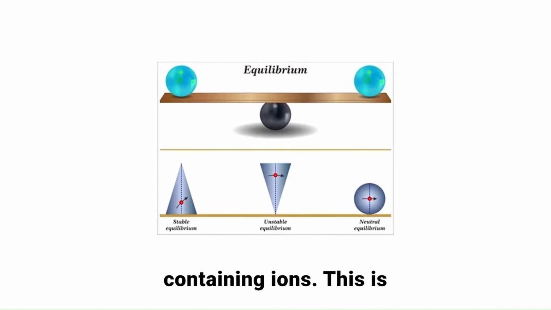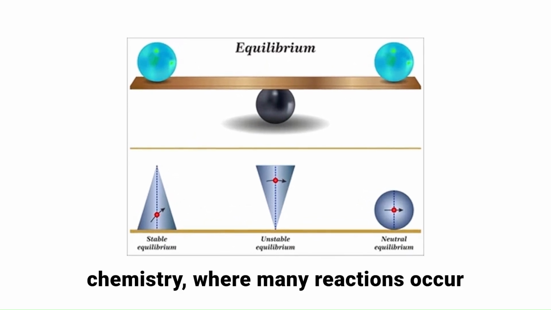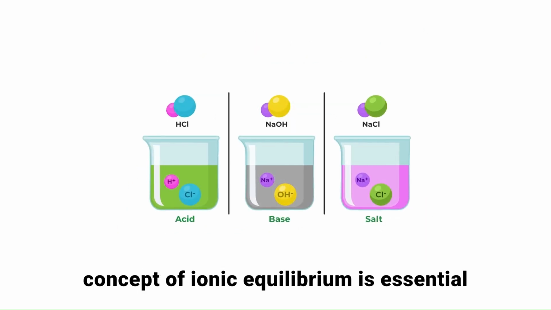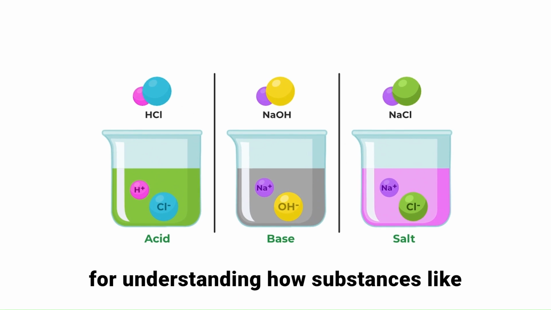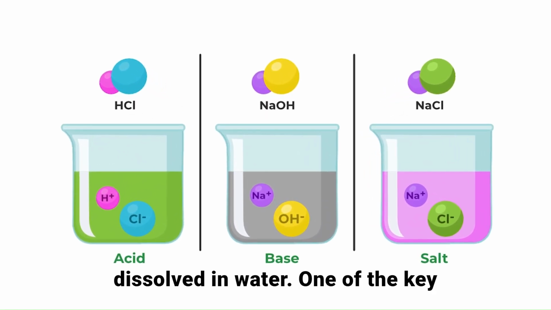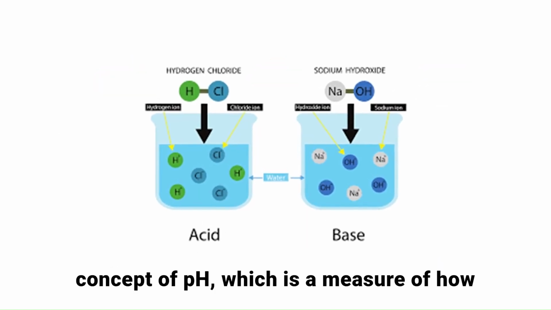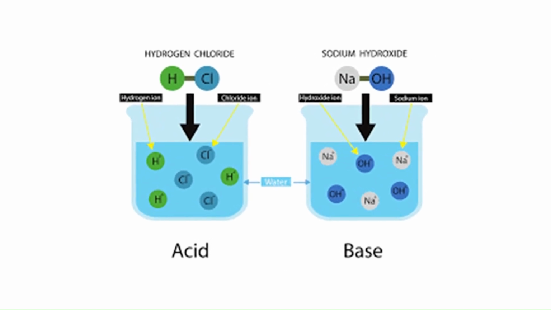Finally, we come to Gibbs free energy, which brings together enthalpy and entropy to predict whether a reaction will occur spontaneously. Gibbs free energy is a thermodynamic potential that helps us understand the energy available to do useful work in a reaction. The key idea behind Gibbs free energy is that for a reaction to be spontaneous, it must decrease the system's free energy.